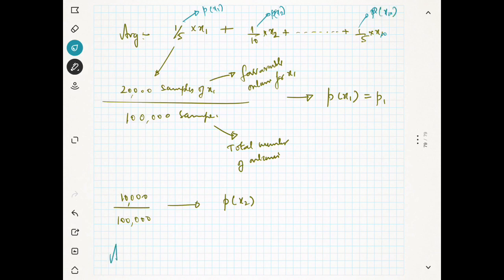So the average I can denote like this, it is the summation. I will take the probability of xi and multiply with xi, you see here this is x1 and this is x2, and I will do this for i equal to 1 to 10 for this particular example.